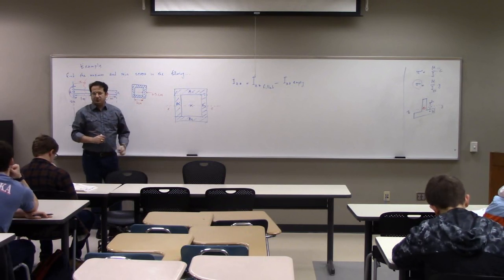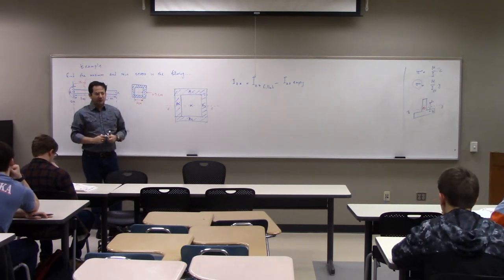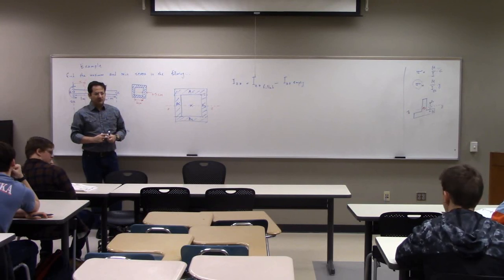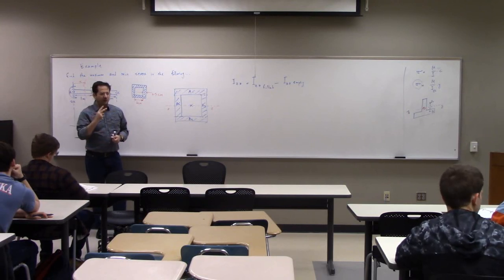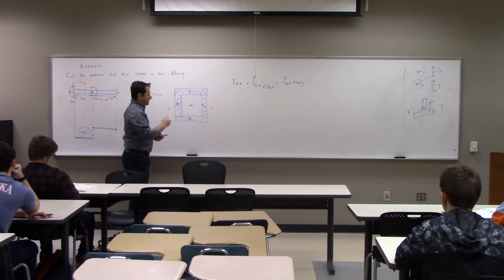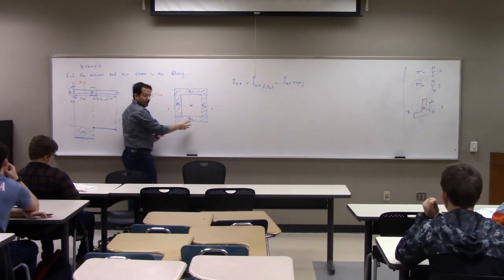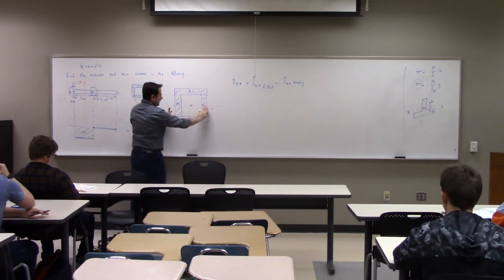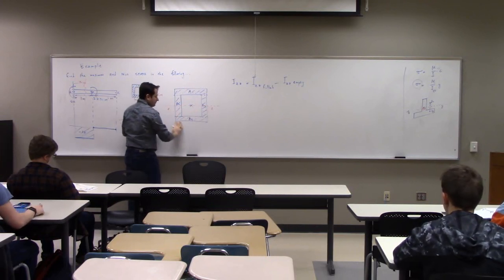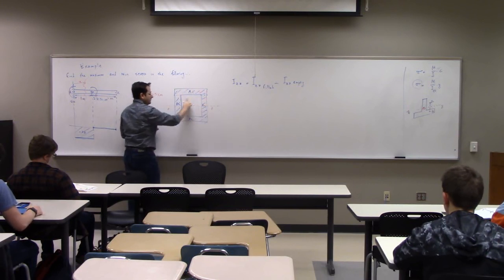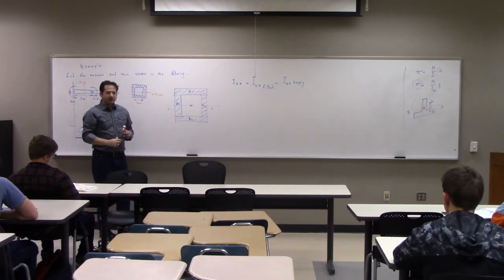What is the other way to compute the moment of inertia? We have considered two different ways. You can say, well, because it's completely symmetric, the top is equal to the bottom, right? So you just eliminate the bottom and say the moment of inertia is twice the moment of inertia of the top.